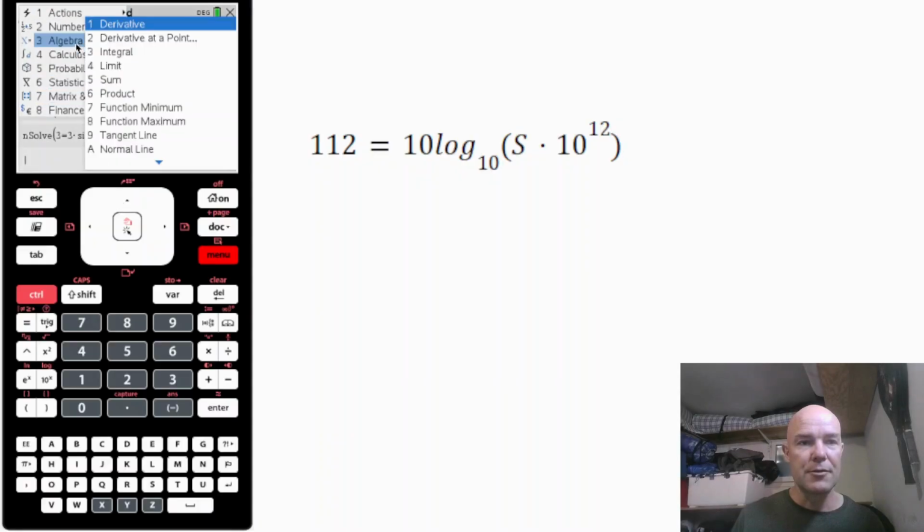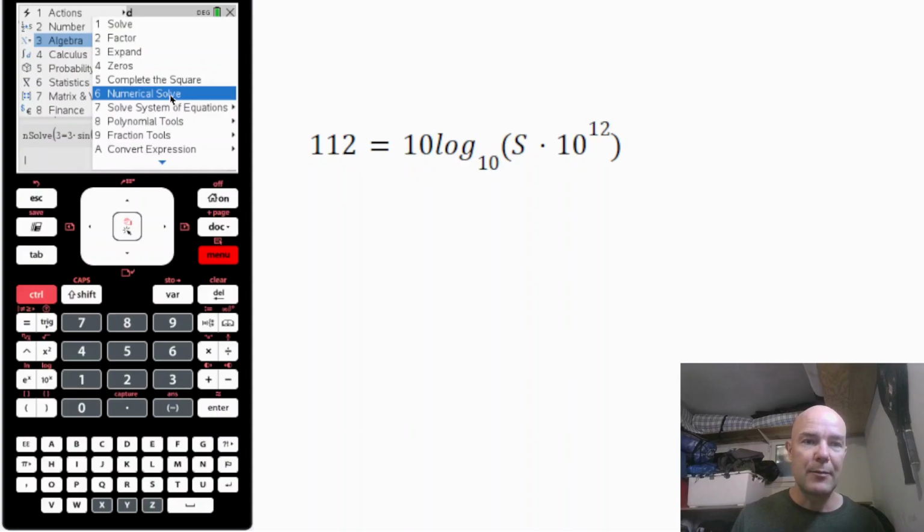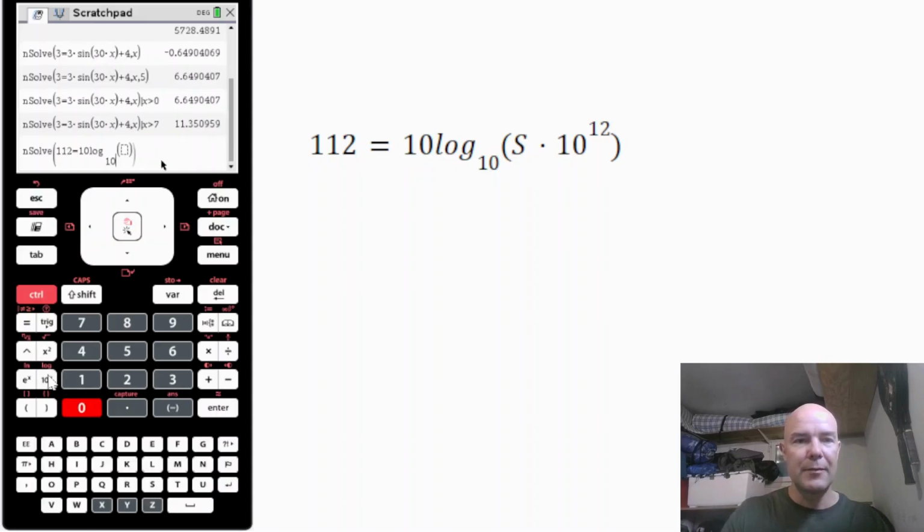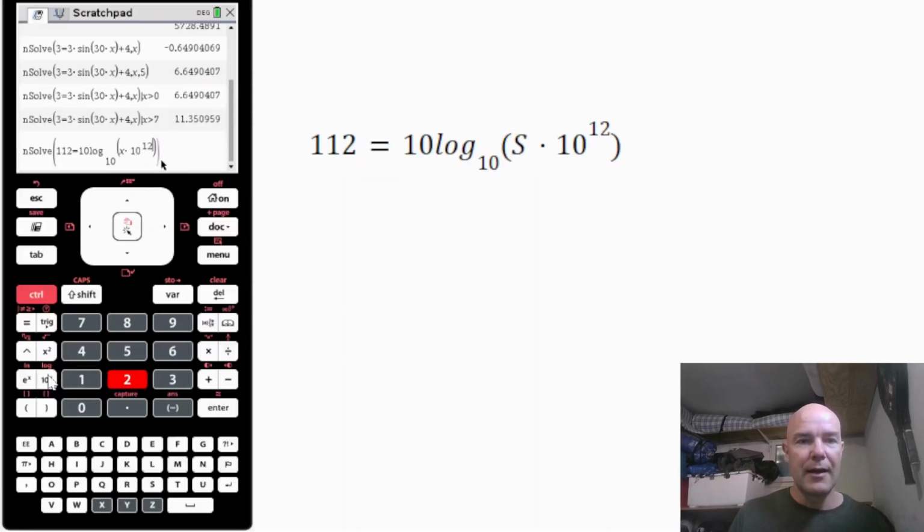Here I'm going to first do the algebra numerical solve, adding our equation, and the logarithm you can find again here on the middle left-hand side: Control and this button here, 10 base logarithm of x times 10 to the power 12.